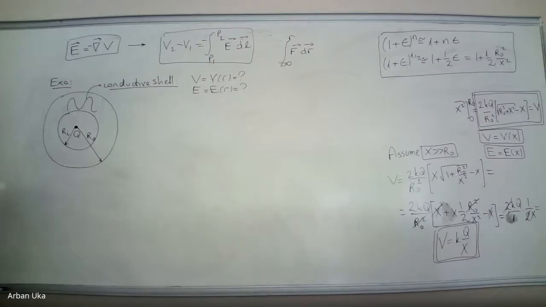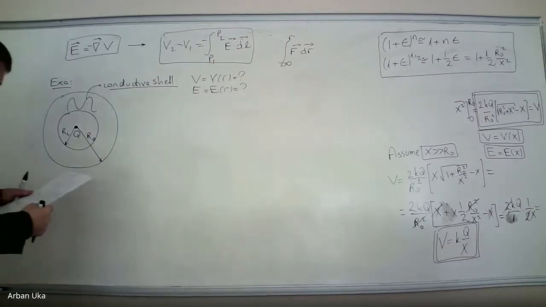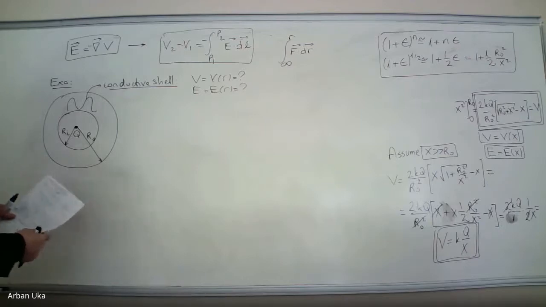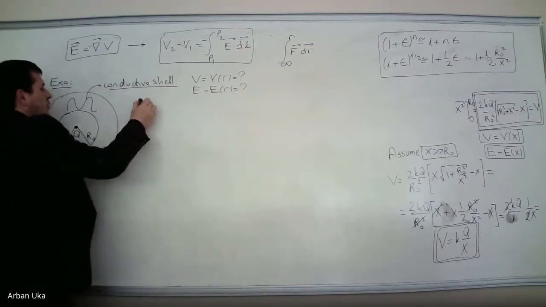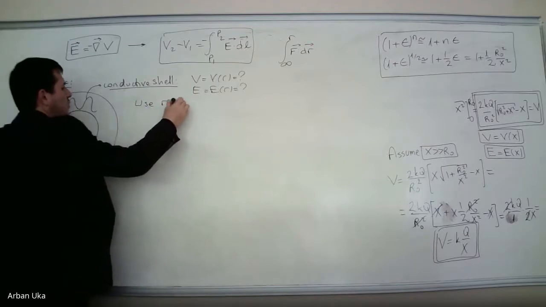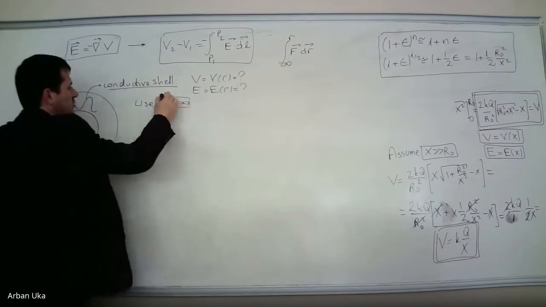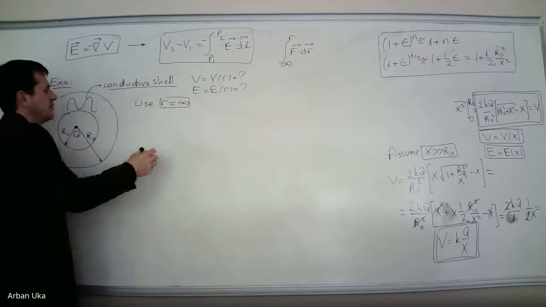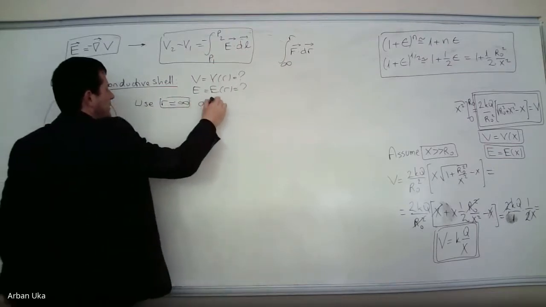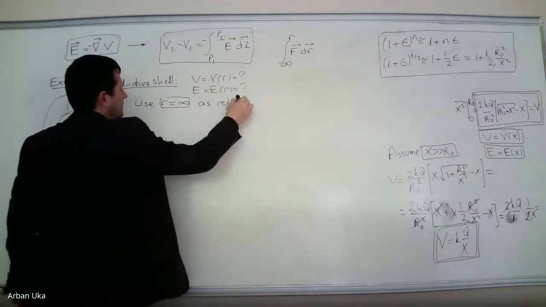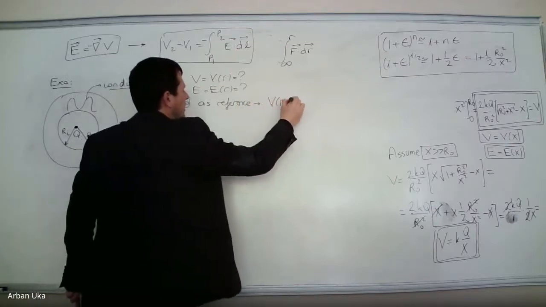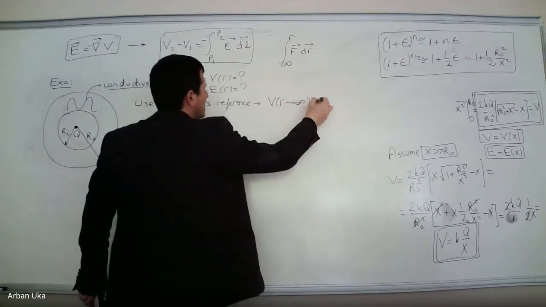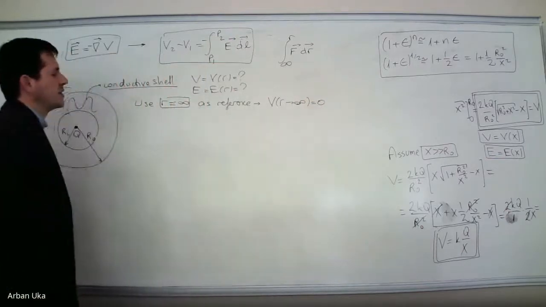Now, to do this, what we can try to do is that, as we said before, we can use R equal to infinity. This is not a true expression, we are close to infinity, as a reference. Because we know for sure that the potential, when R diverges to infinity, the potential converges to 0.